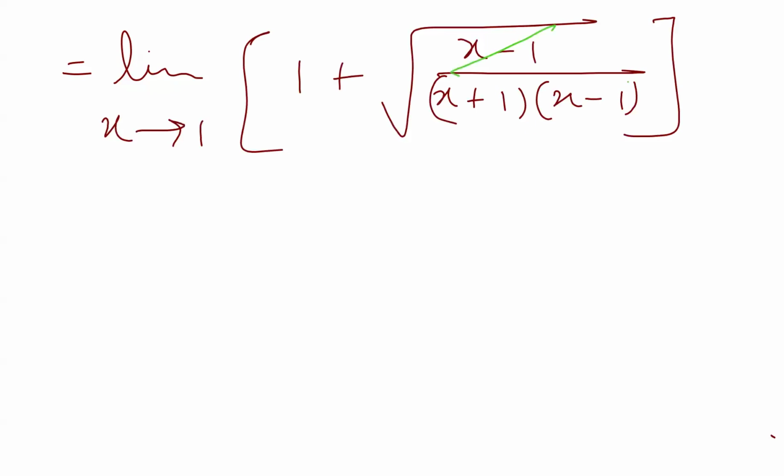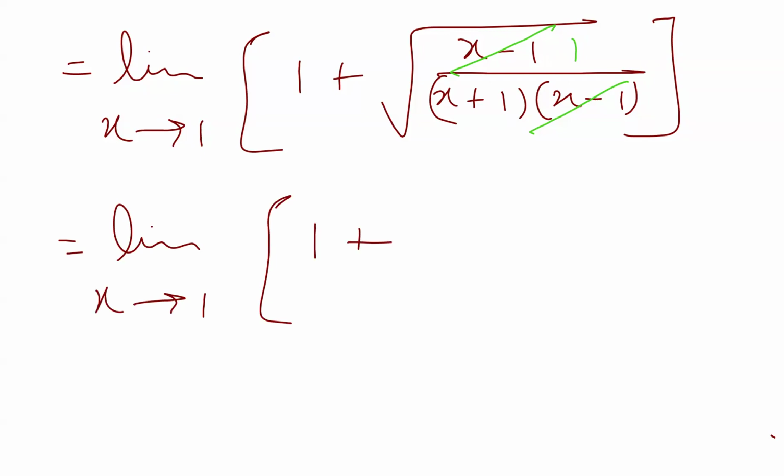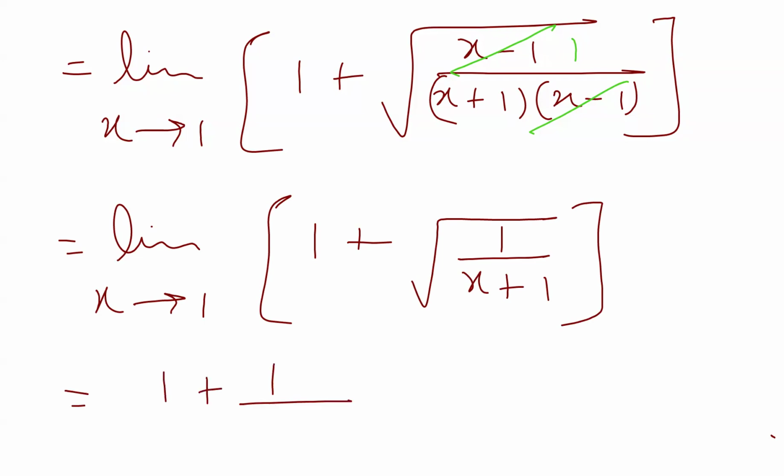So now this will get cancelled. We are left with 1 in the numerator. So this will be limit x approaching towards 1, 1 plus root of 1 upon x plus 1. Now you can put the value of x as 1 because it will not affect the denominator.